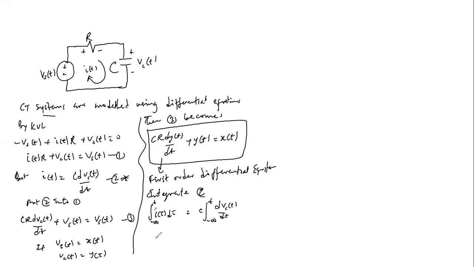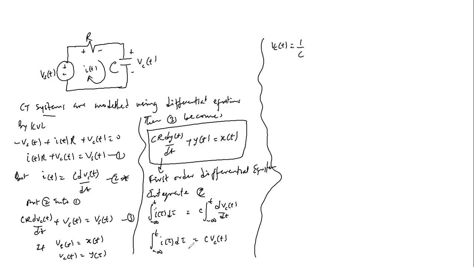So this is going to give us the integral from negative infinity to t of i of tau d tau is the same as C Vc of t. From here we can say Vc of t is the same as 1 over C, if we divide through by C, the integral from negative infinity to t of i of tau d tau.